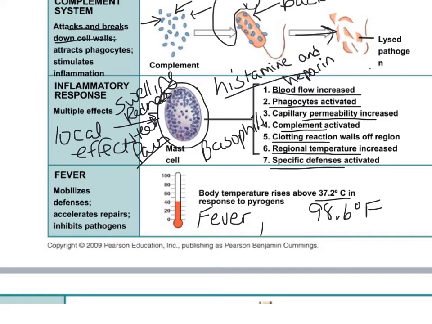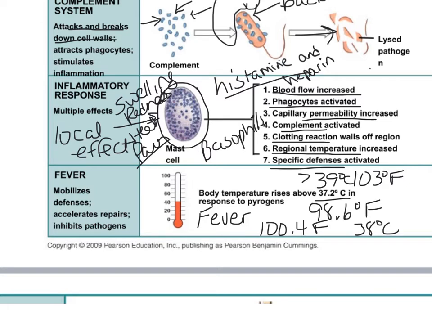Up to 100.4 degrees Fahrenheit, which is 38 degrees Celsius, we would say that's a low-grade fever. And anything that is above 39 degrees Celsius or 103 degrees Fahrenheit would be considered a high-grade fever. Okay? So fever is a good thing. It's raising the body temperature.